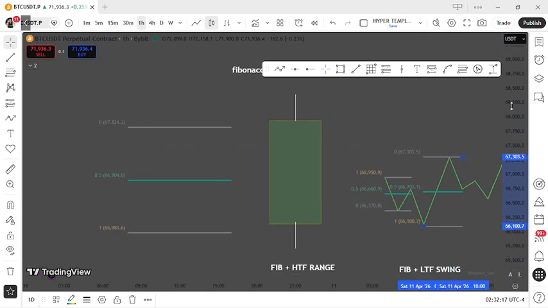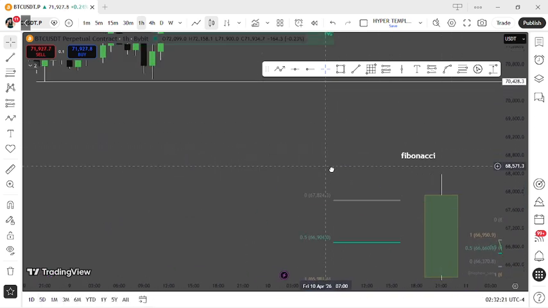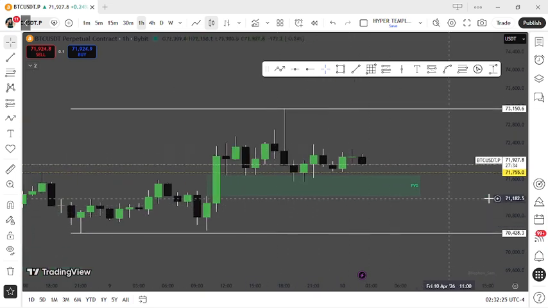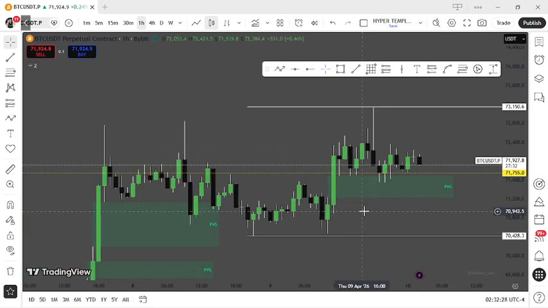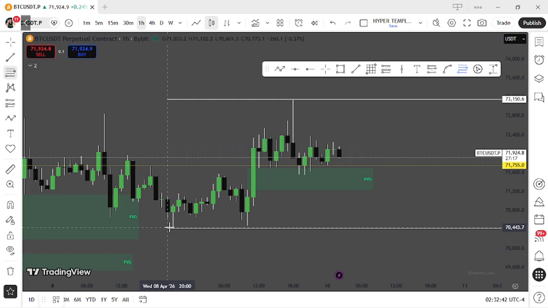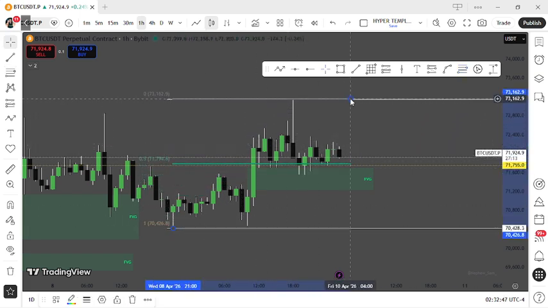So let me just drop down to a chart so that I can show you exactly what I mean. Let me assume that I am using a Fibonacci on this range. Okay, this range that I've marked, the low and the high. I can take my Fibonacci tool and mark the low and the high like this.